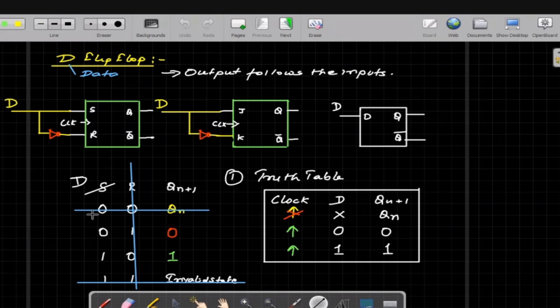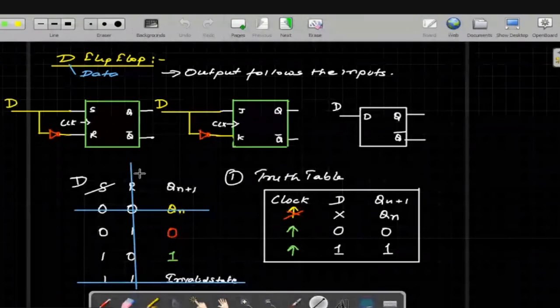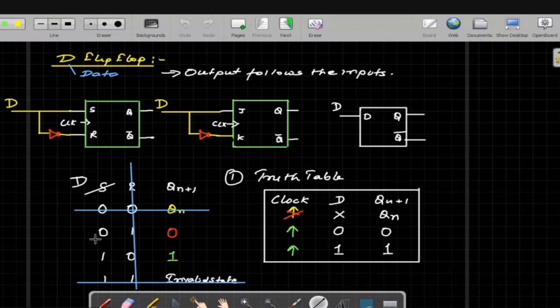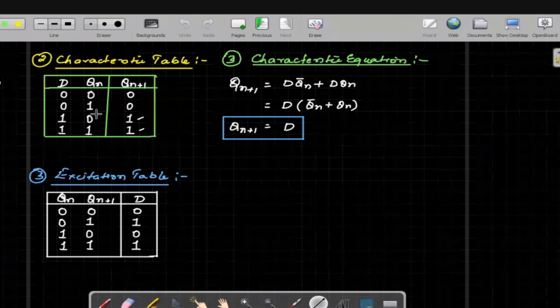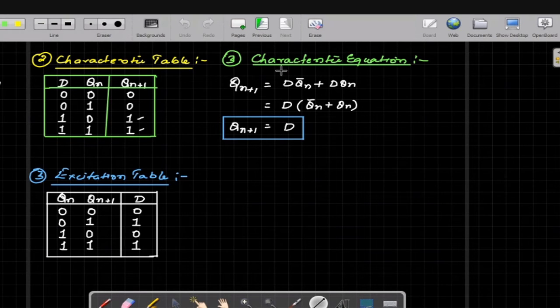Okay, that's why we eliminate this 0 0 and 1 1 input combination in the SR flip flop, and eliminate the R column, and whatever is left over represents the truth table for the D flip flop, which we summarize over here. With this D flip flop truth table, we construct the characteristic table, and with this characteristic table we derive the characteristic equation using the minterm approach.